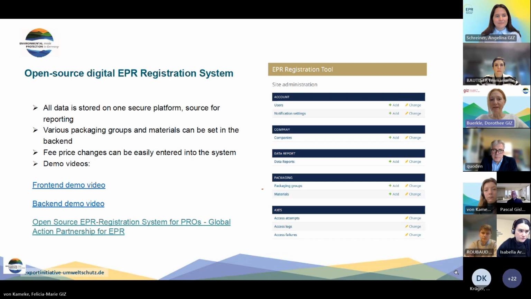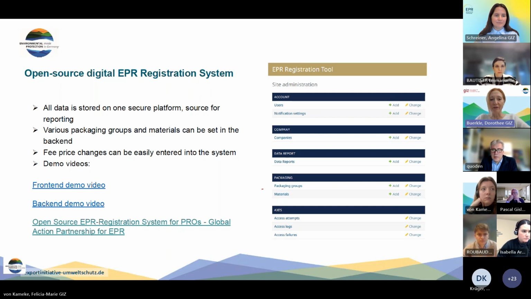All data in this system is stored on a secure platform, and it's a source of reporting for you as a PRO. There are various packaging groups and materials that can be set in the back end. So there you don't need an IT specialist. You can do this easily in the back end.